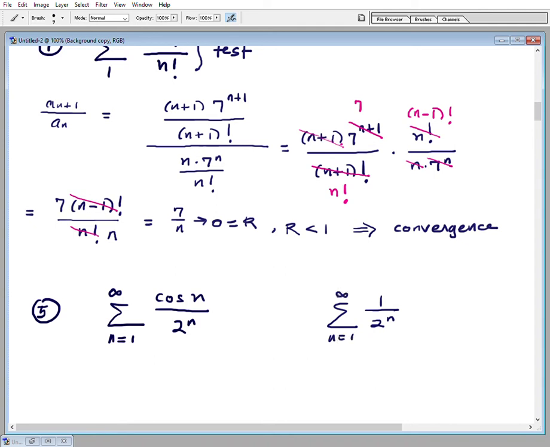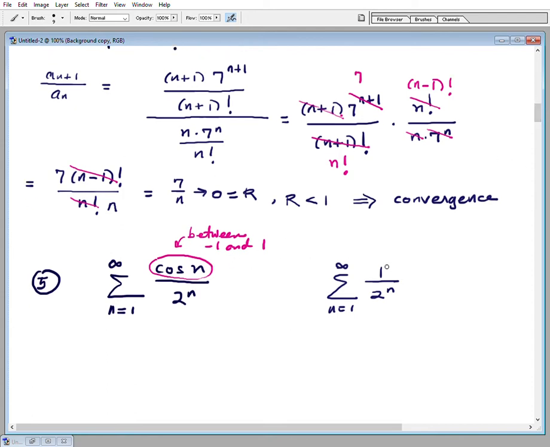So we should realize, first of all, that cosine n is between minus 1 and 1. So let's say we take the absolute value of this.